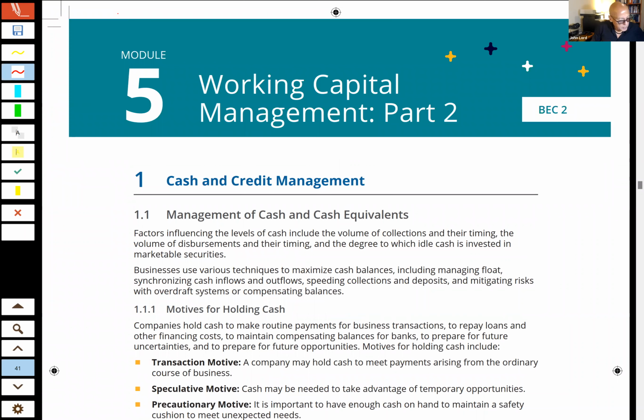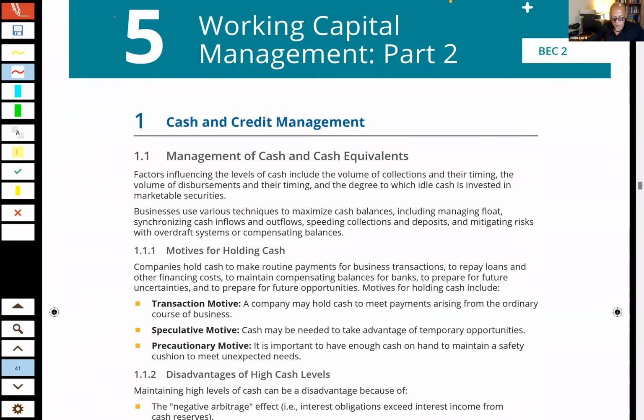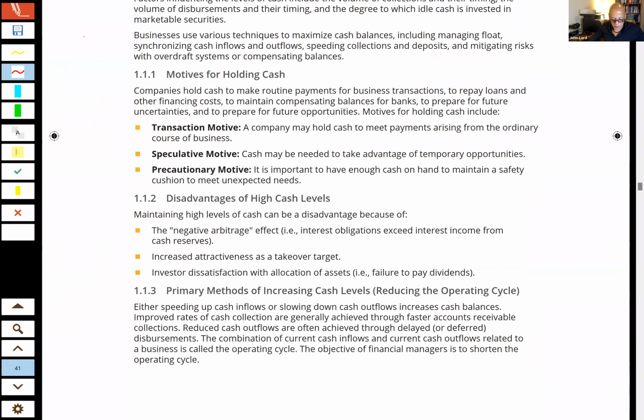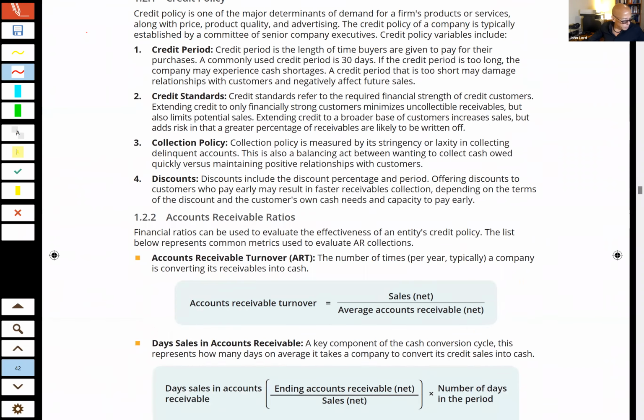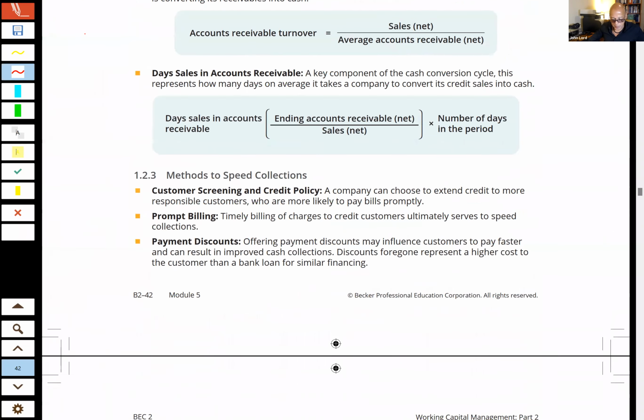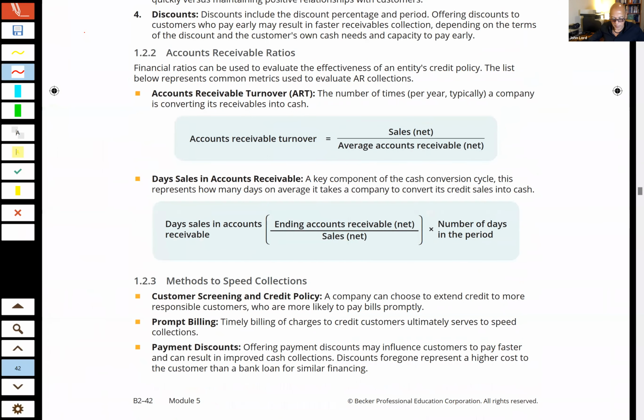Now, some of these things we've already been talking about, and we started to get into some more of these ratios. I just want to point you to the repetitive nature of some of this, and that they started having us calculate the accounts receivable turnover and the days in accounts receivable, which we've already calculated.